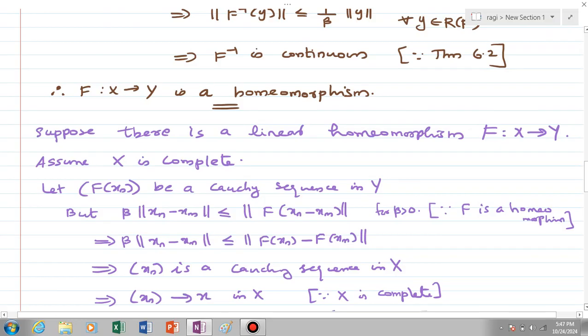Because of the first part we have proven, since f is a homeomorphism, we can write that condition.